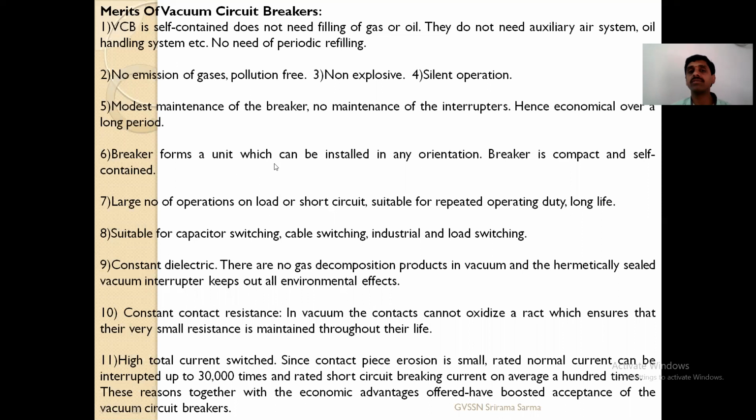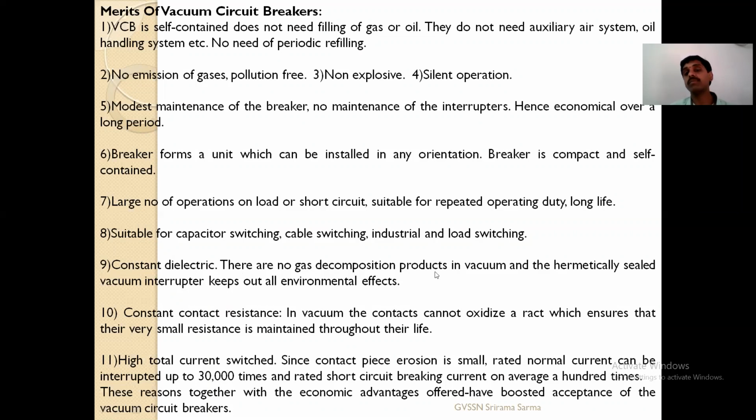Breaker forms a unit which can be installed in any orientation. Breaker is compact and self-contained. Large number of operations on load or short circuit, suitable for repeated operating duty, long life, suitable for capacitor switching, cable switching, industrial load switching, and constant dielectric.